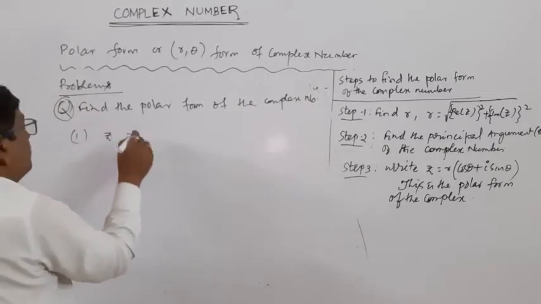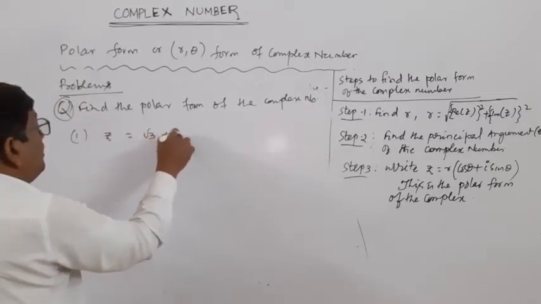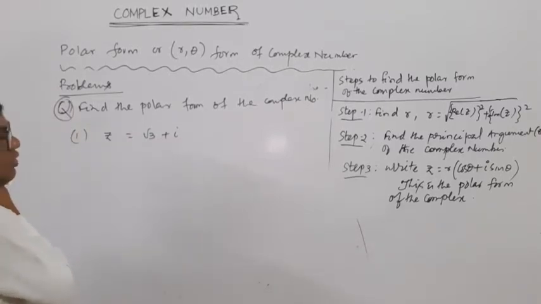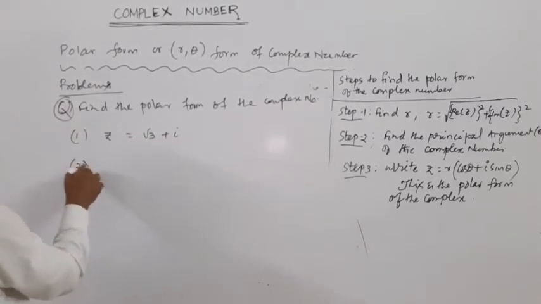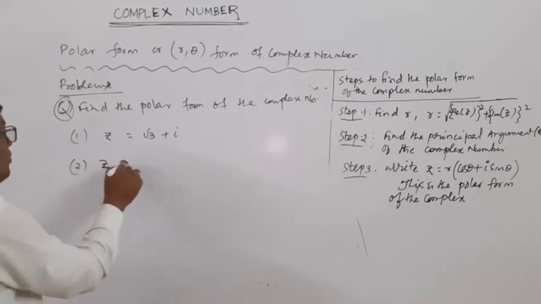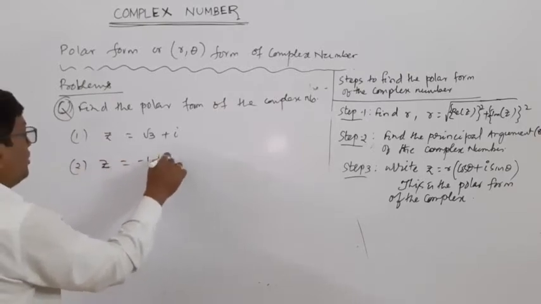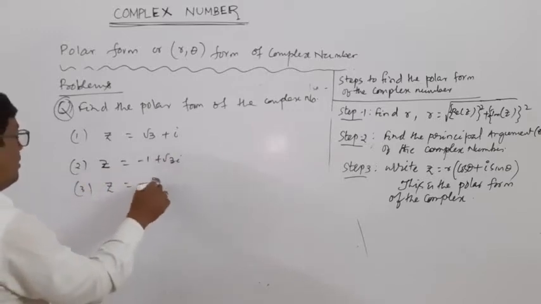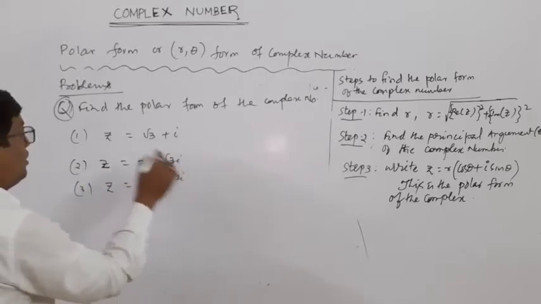Z is equal to root 3 plus I. Second one, z is equal to minus 1 plus root 3i. Third one, z is equal to minus 2i.